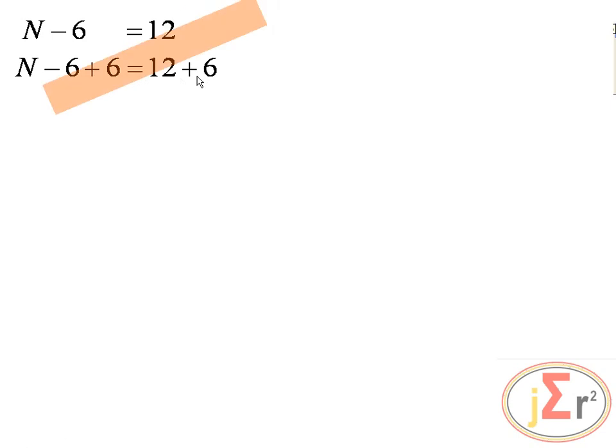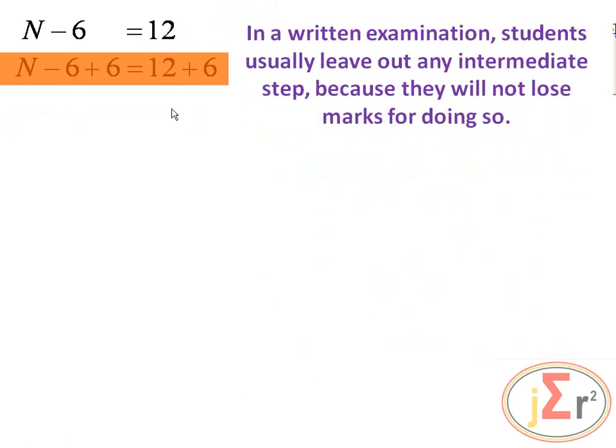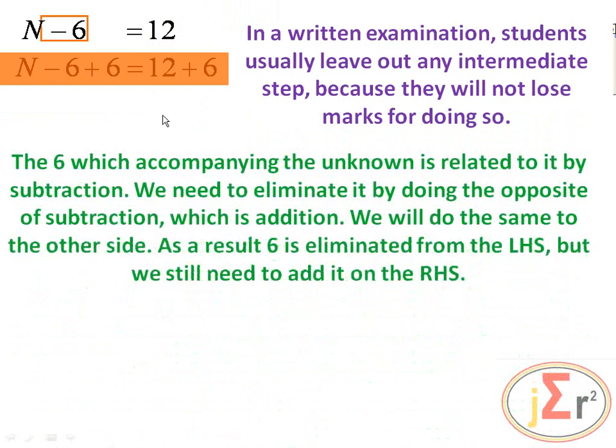As a consequence of that, the negative 6 plus 6 will have a cancelling effect on each other. And what will happen? We will end up with just n on the left-hand side, but we need to complete the addition process on the right-hand side. What students do is they leave this step out.